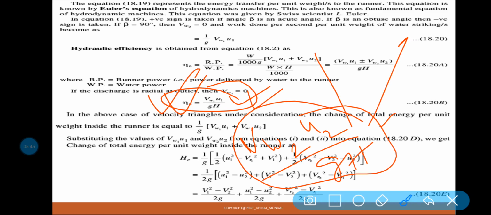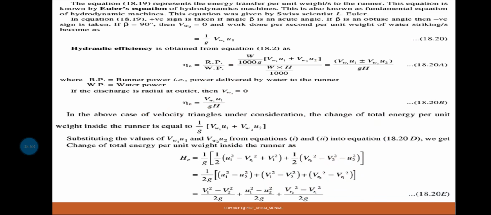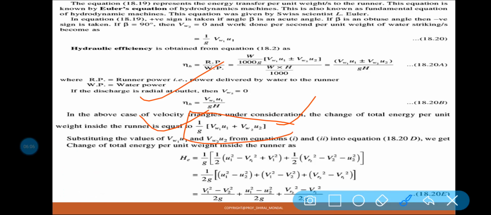The reverse of the radial flow reaction turbine is called the centrifugal pump. When the pump chapter comes, we will discuss this part. The 1 by g (Vw1 U1 plus Vw2 U2) is the work done per unit weight that you have got.